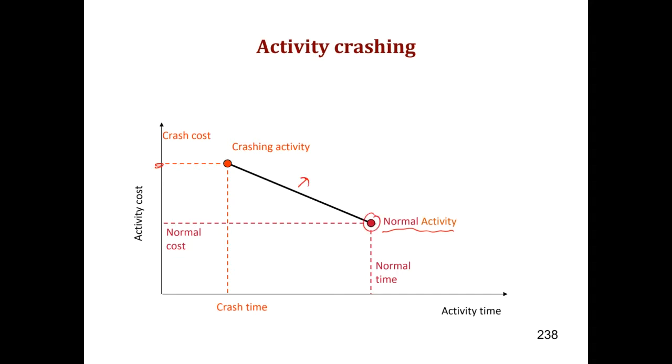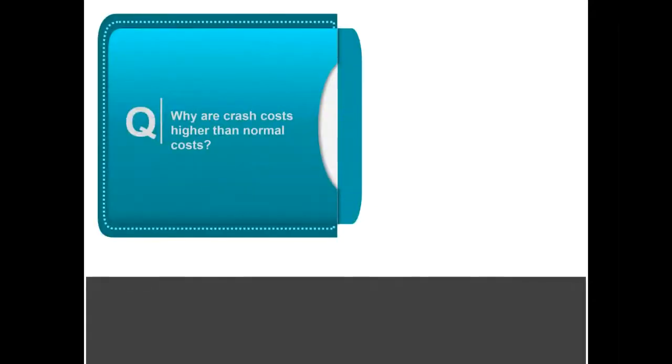This cost is referred to as a normal cost, and this cost will be referred to as a crash cost, and this time will be referred to as a normal time, and this time over here would be referred to as a crash time. And this slope refers to the crash cost per unit time.